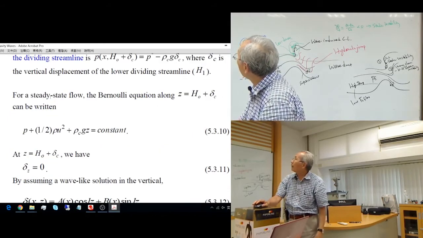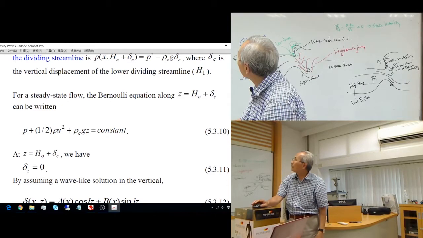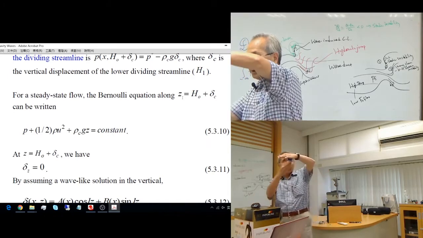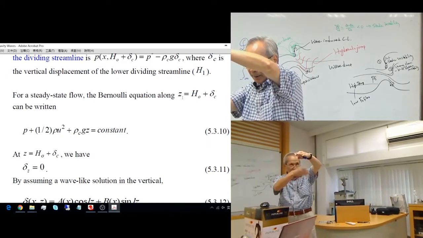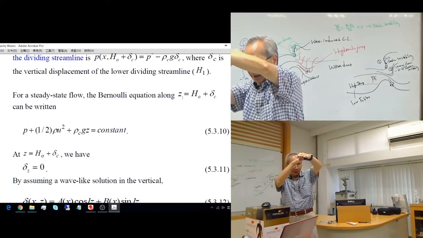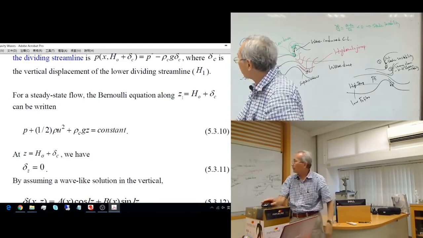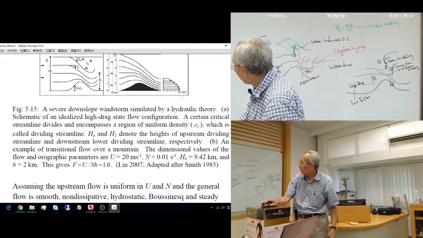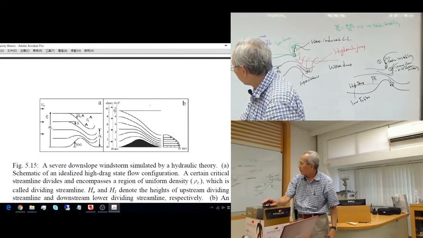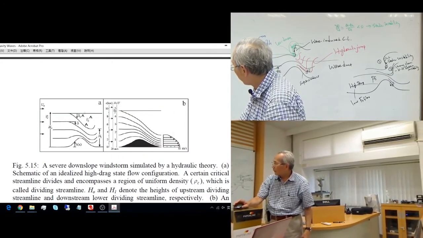And then he also based it on the steady-state Bernoulli equation, around that, G equals H naught plus delta C. And delta C is the displacement below the undisturbed dividing streamline going down. This is delta C here, measured from here.